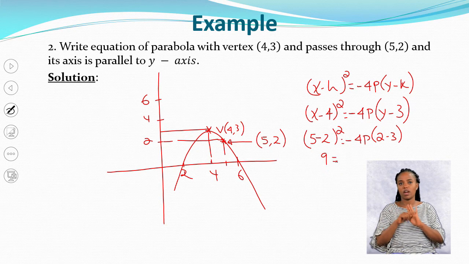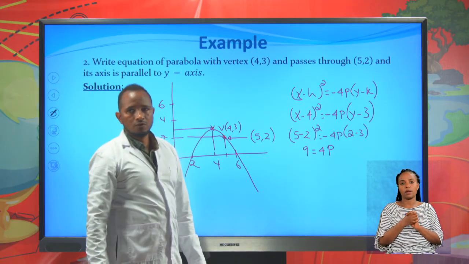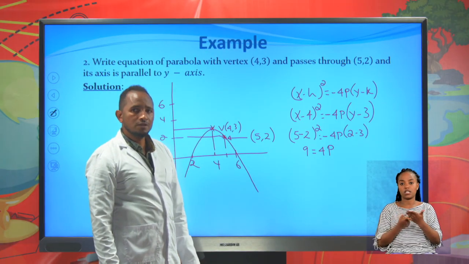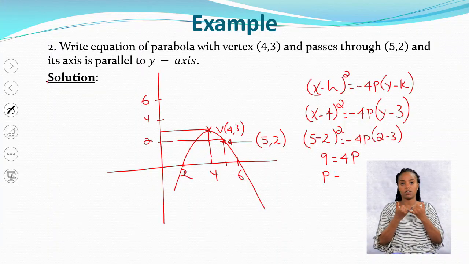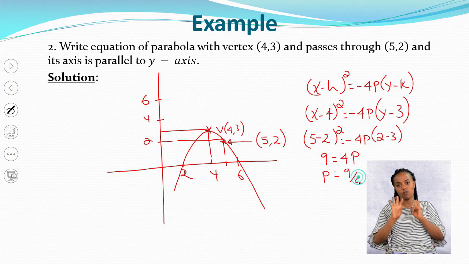Minus 1 times minus 4p is positive 4p. So from this, you can find p. Divide both sides by 4, so p is equal to 1 over 4.